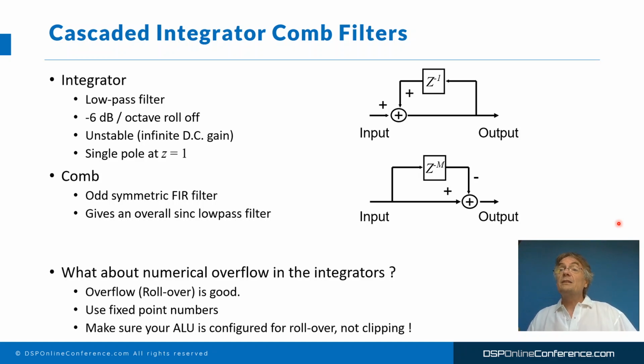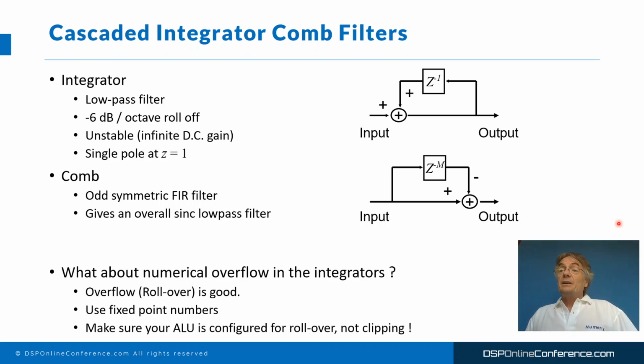But in the integrator, it's a unit delay, so a single memory location followed by an integrator. In the comb, you've got the delay of M samples and a subtract operator. So actually, mathematically, just a single operation, either an addition or a subtraction. So very easy to implement, very low MIPS.